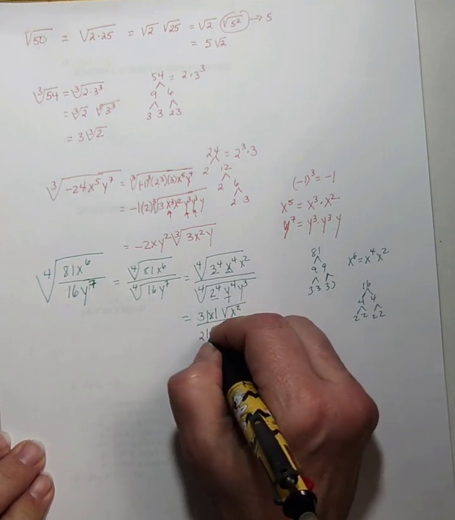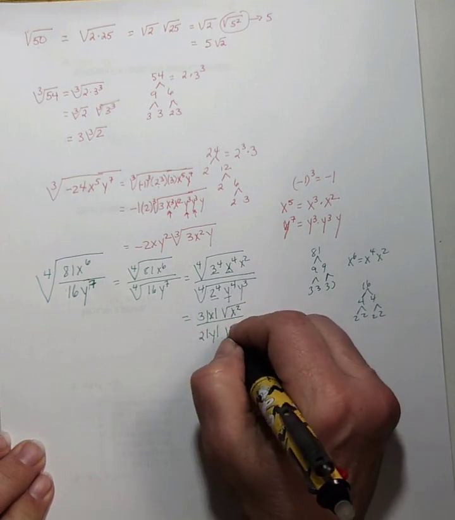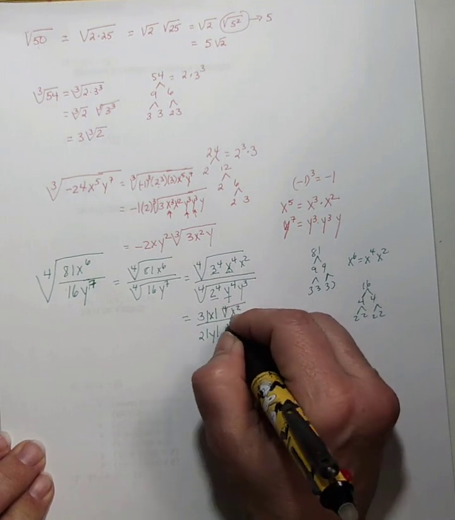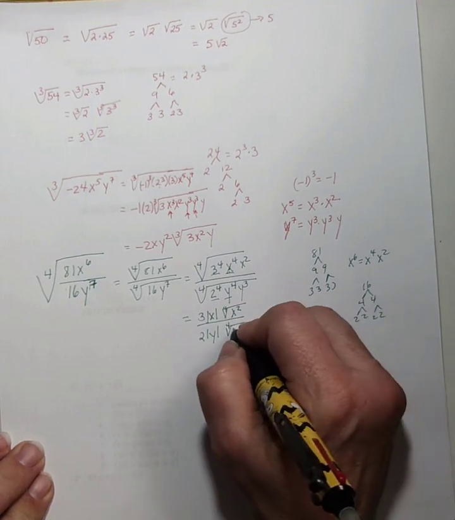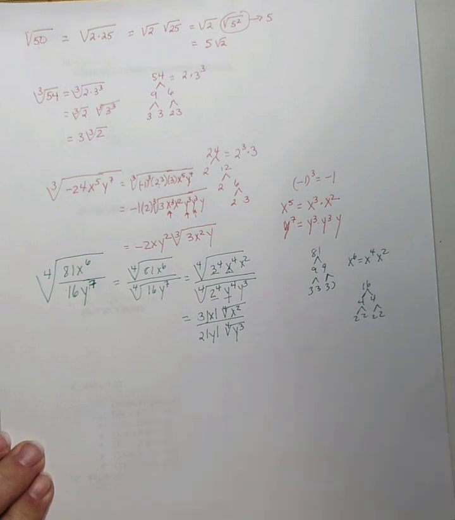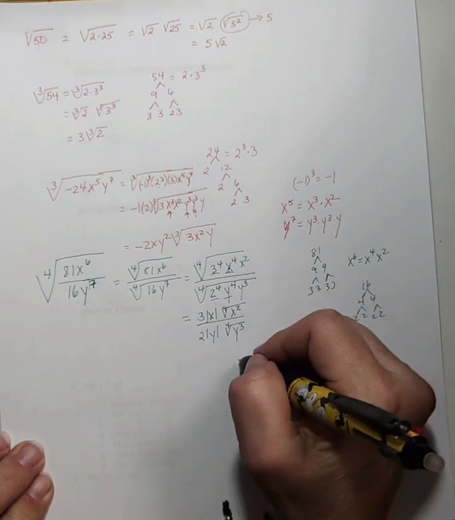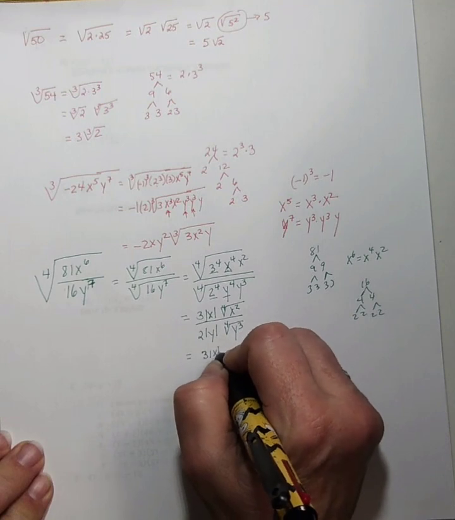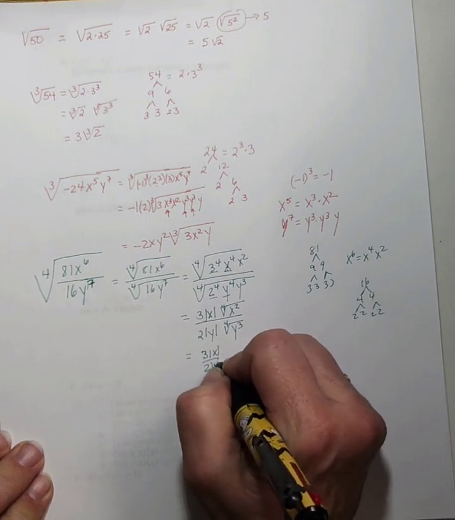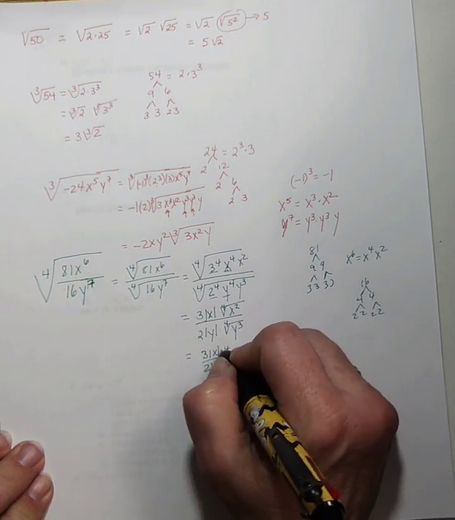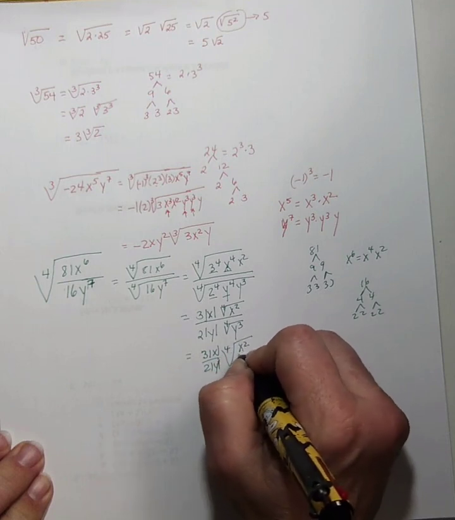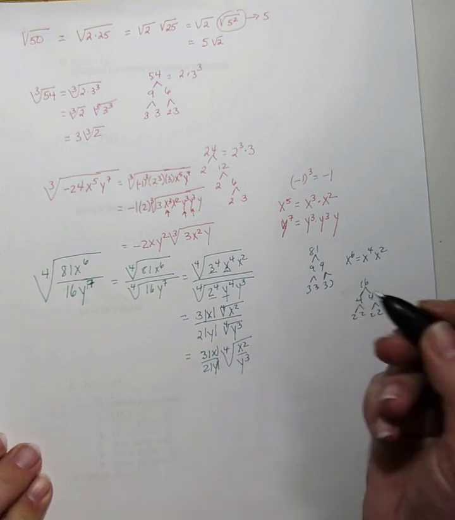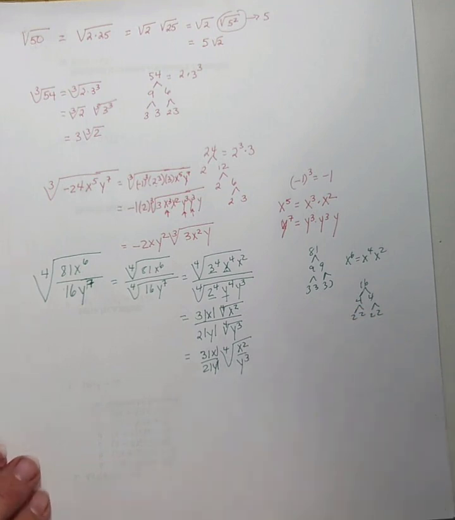So I have 2, absolute value of y, and inside here, since these are the 4th root, my y to the 3rd remains. You could either keep it like this, or you could write it as 3 absolute value of x over 2 absolute value of y, the 4th root of x squared over y cubed. It doesn't matter. Either one would be correct.